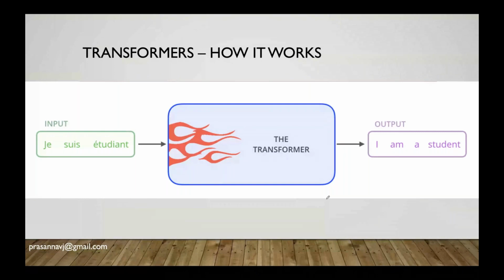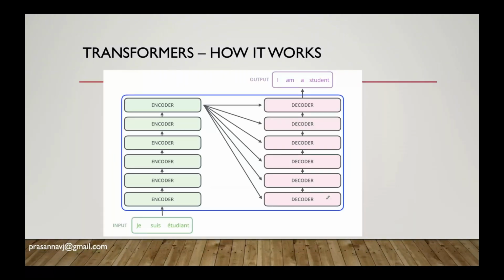It also follows the similar structure that we talked about in the RNN translation surveys. The transformer consists of encoders and decoders, and these encoders and decoders help you do the natural language processing work.